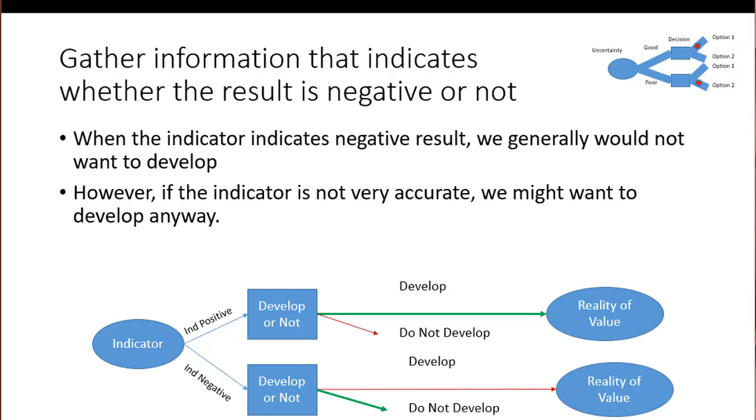So in this example we're working through, we're going to assume that the optimal decision policy is when the indicator is positive, in other words, the NPV is greater than 0, we will develop. And then we see the reality of the value. On the other hand, if the indicator is negative, then we will assume that we do not develop, and we don't really see the reality of the value because we didn't develop it. So we get a value of 0. Really simple.